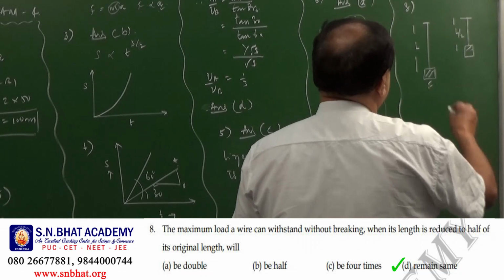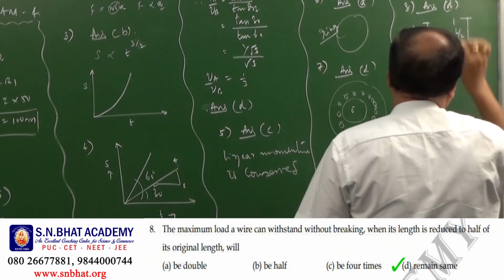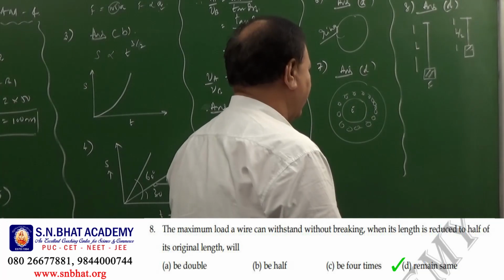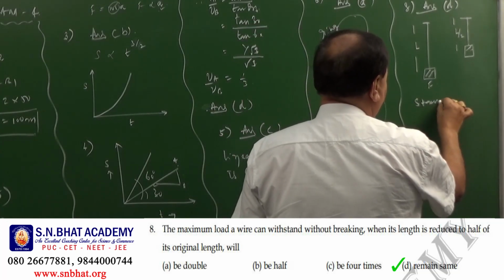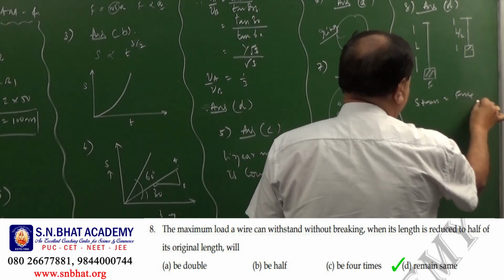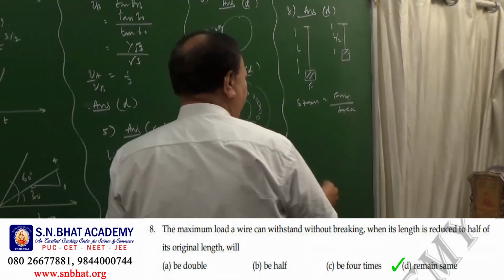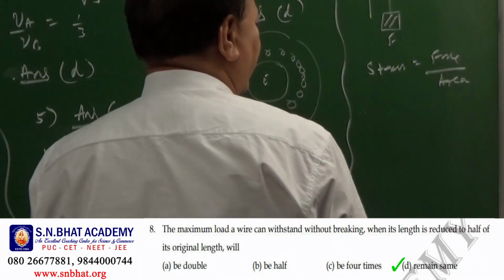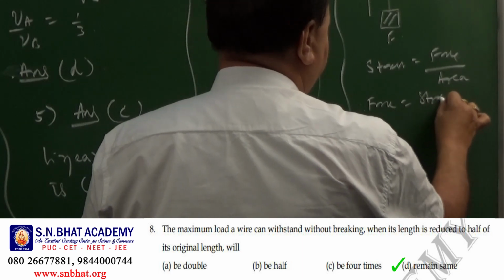And therefore your answer is D. For this question, the answer is D. Remember your stress is equal to force by area. Force is the load, and therefore force is equal to stress into area.